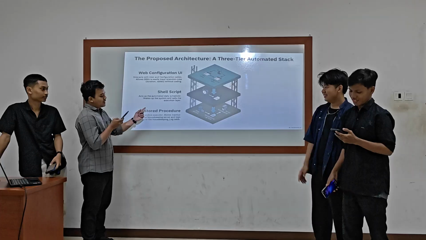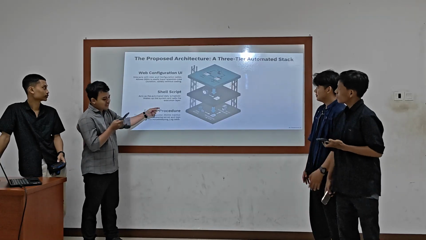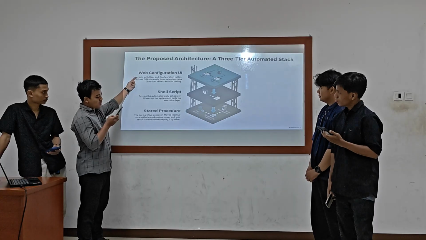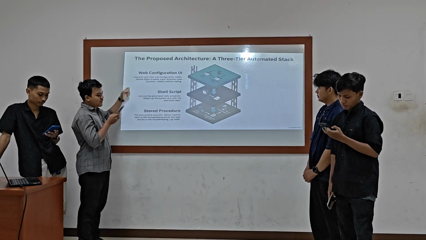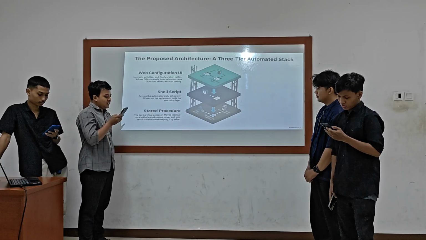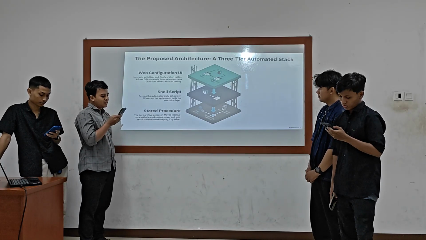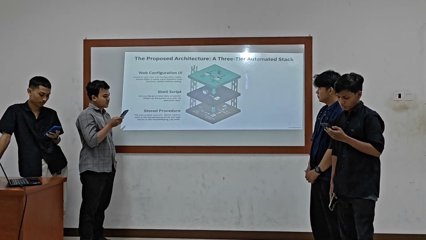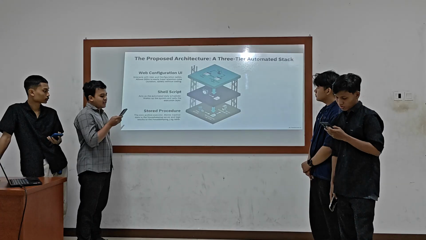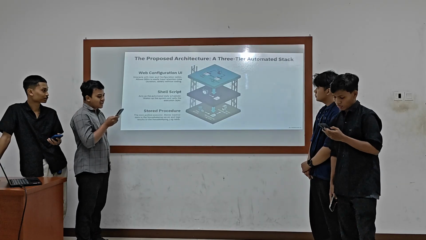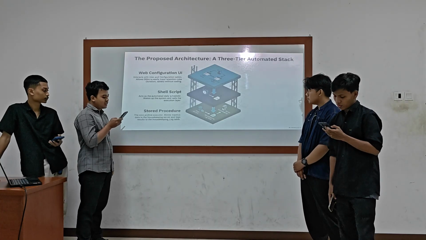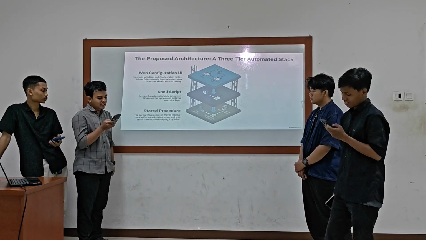This slide presents a three-tier automated architecture. The first layer is the web configuration UI. This interface allows administrators to define retention rules and parameters without directly modifying database code. The second layer is the shell script. It acts as an automated scheduler and communication bridge between the user interface and the database system.